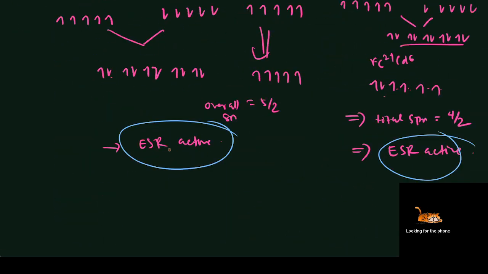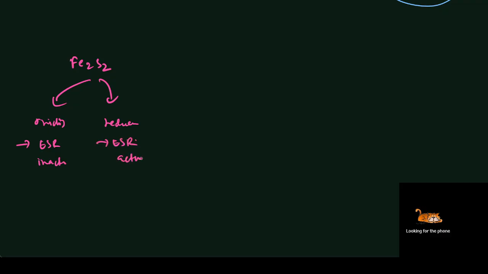So if I summarize, for Fe2S2, oxidized and reduced, this is ESR inactive and this is ESR active. For Fe4S4, oxidized form and reduced form, this is ESR inactive and this is ESR active. And for Fe3S4, oxidized and reduced, both are ESR active.